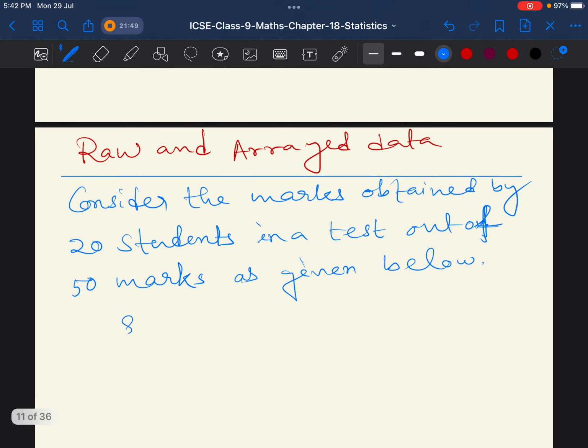So 8, 20, 50, 39, 34, 49. 20 students got marks out of 50 marks.